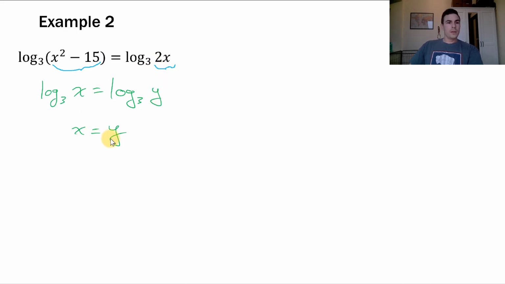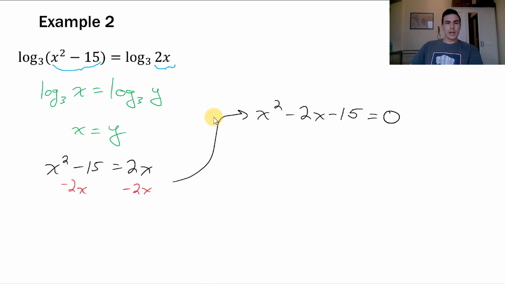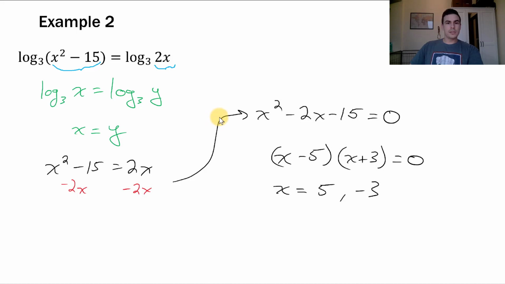I've just got more complex terms inside my log instead of x and y. So we can go ahead and set x squared minus 15 equal to 2x, and now we just need to solve for x. So let's go ahead and subtract 2x from both sides, and we get this nice looking quadratic here that factors into x minus 5 and x plus 3, giving us solutions of x equals 5 and negative 3.